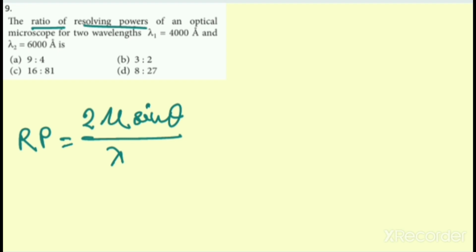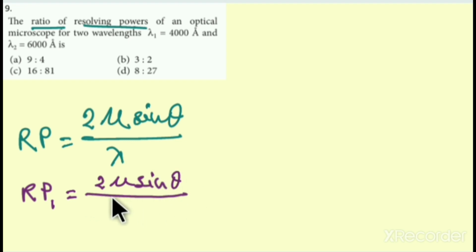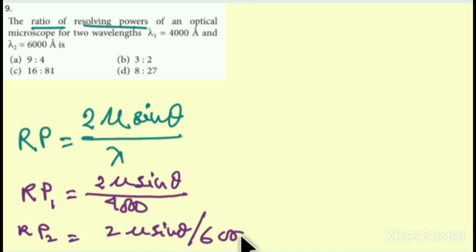Now in our question, the resolving power 1, that is for the first wave, is given by 2 mu sine theta by 4000, and the resolving power for the second microscope is 2 mu sine theta by 6000.